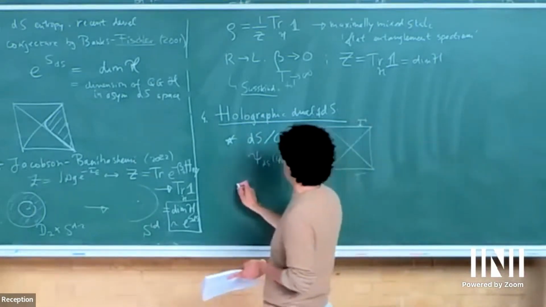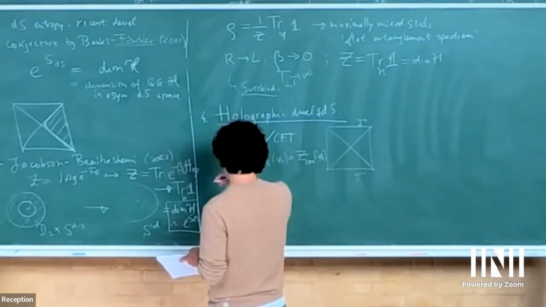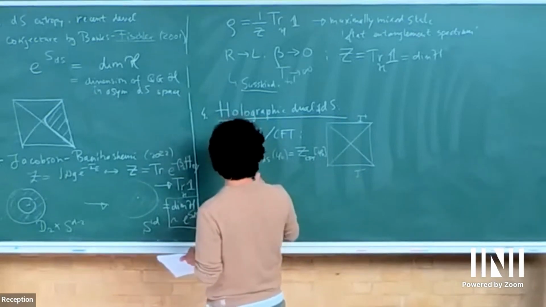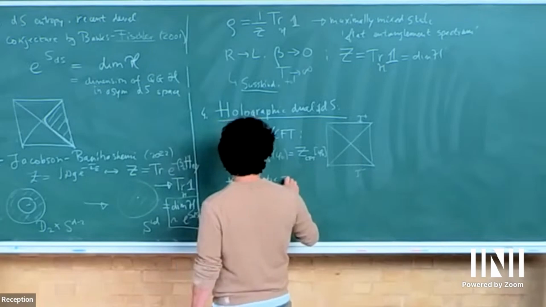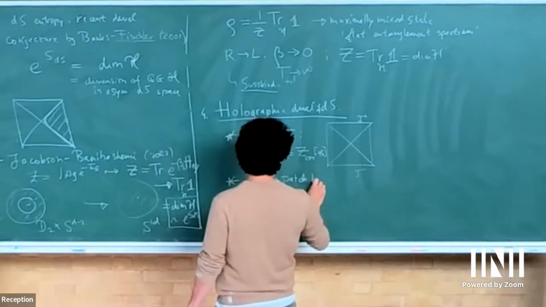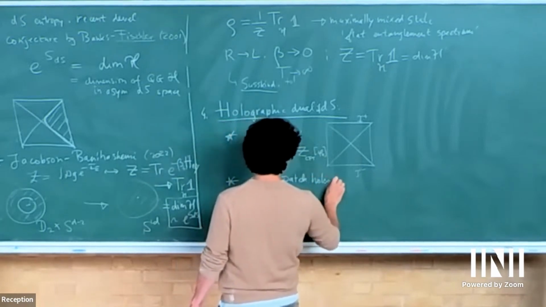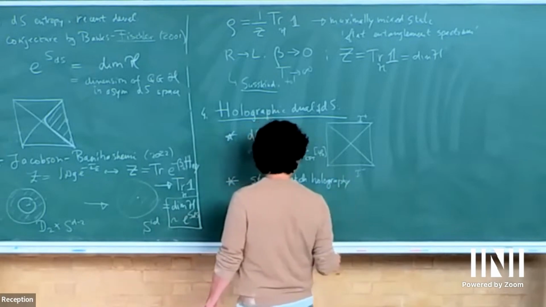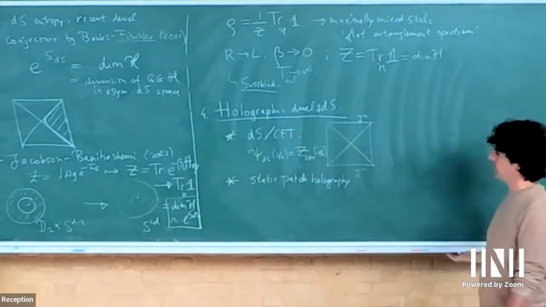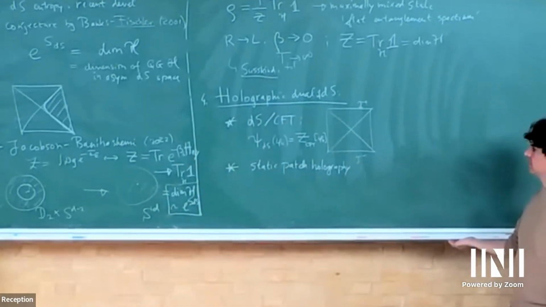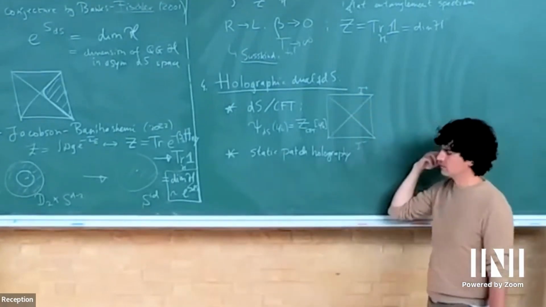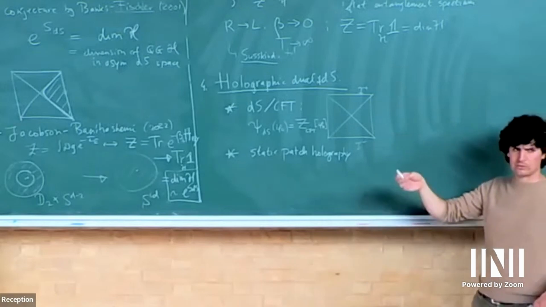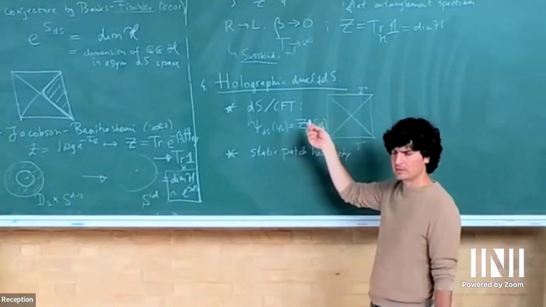On the other hand, other people have suggested thinking about holography for the static patch. One reason is that in dS/CFT, it's hard to account for the entropy of de Sitter space.